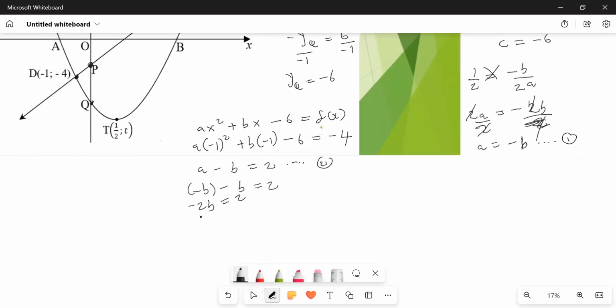Therefore, I divide both sides by minus 2, then b is minus 1. Then I said a is equal to minus b, so to get my a, I substitute minus 1. Negative multiplied by negative is positive, so a is equal to 1. Then I see the 5 marks.